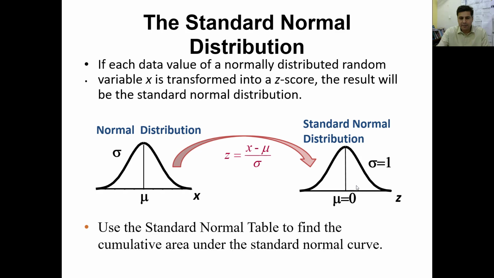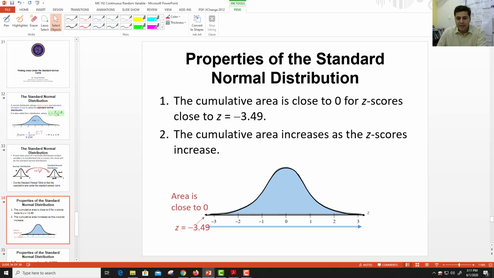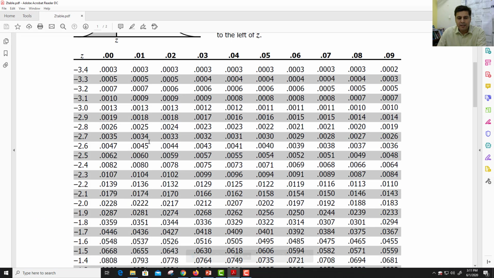So we will use the standard normal table in order to calculate. I just want to show you how we will calculate the z value from the z table. The cumulative area is close to 0 for a z score close to minus 3.49. So I'm just going to show you how it works.